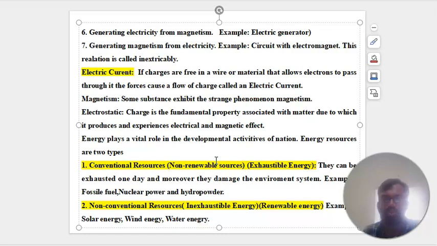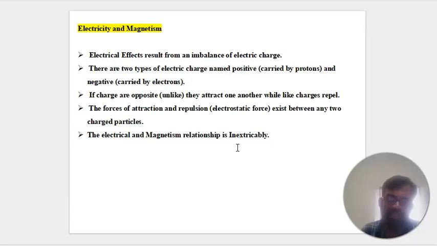So energy sources are mainly of two types: renewable and non-renewable, or simply conventional and non-conventional resources, or exhaustible and inexhaustible energies. Then coming to electricity and magnetism. Electrical effects result from an imbalance of electric charge. There are two types of electric charge: positive, carried by protons, and negative, carried by electrons.